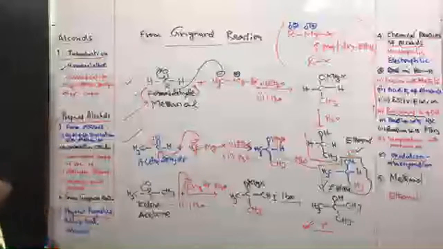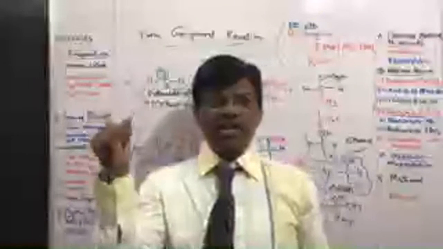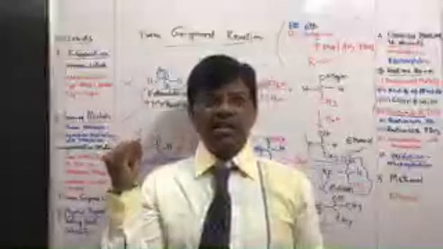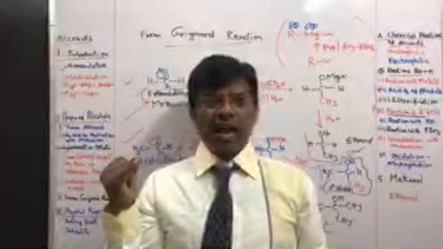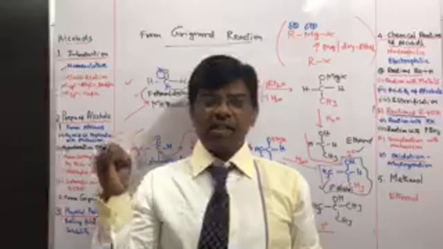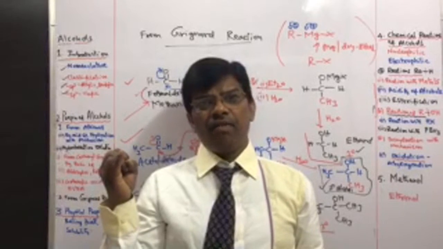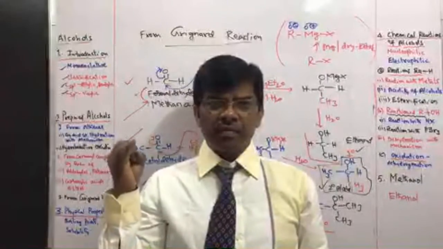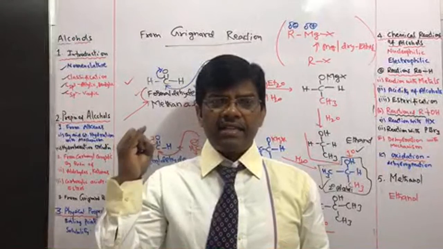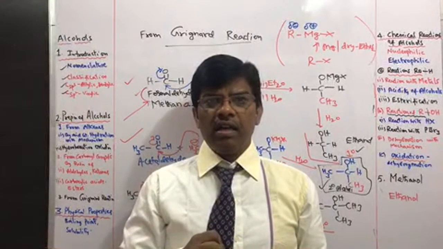What are the methods? From alkenes, by hydration, in catalytic hydration in presence of acid catalyst, the first method we learned for the preparation of alcohols is hydrolysis of alkene in presence of catalytic acid, which is going to give Markovnikov's alcohol, right?